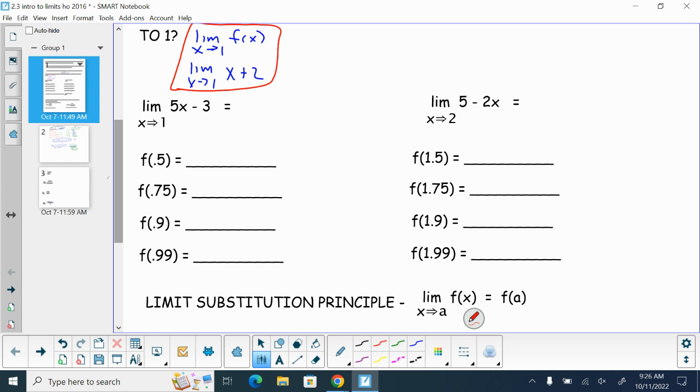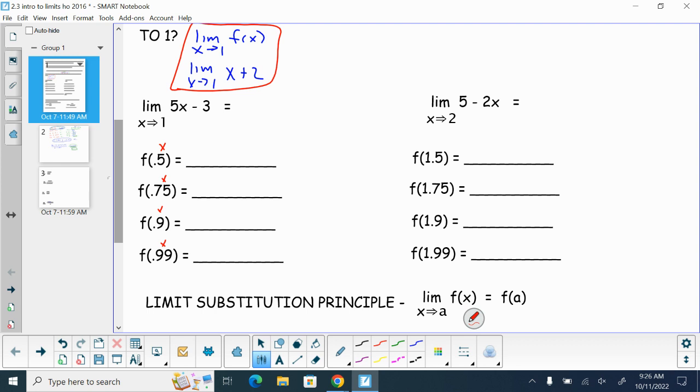We're going to look at a function: the limit as x approaches 1 of 5x minus 3. So we're going to get closer to the value of 1. If I have 0.5, then 0.75, then 0.9 and 0.99, these are our x values.